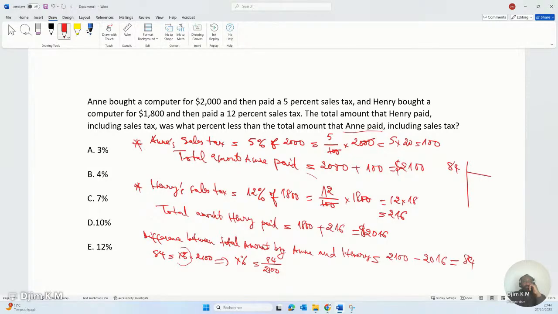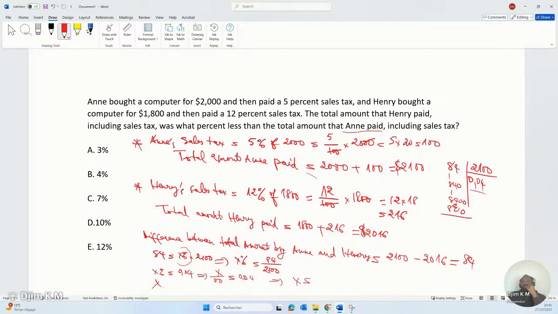So 84 divided by 2,100 is 0.04. So X percent is X over 100, okay?